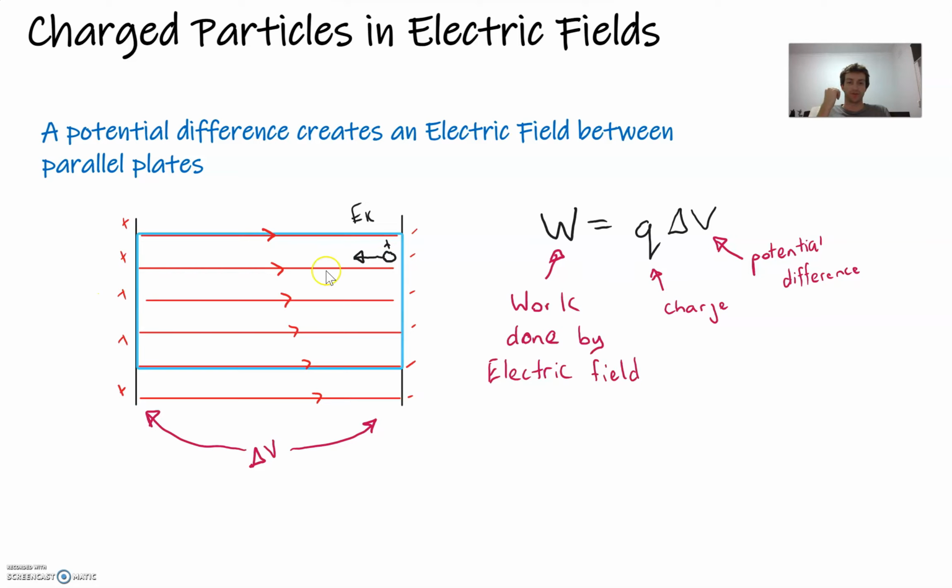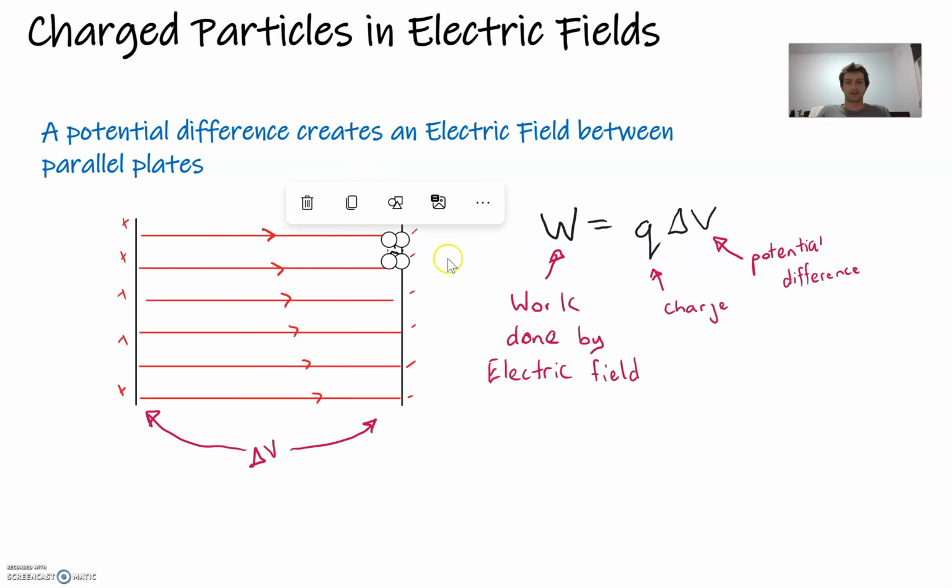We can apply it in reverse as well, where if this charged particle instead started over here and started at rest, it would gain kinetic energy from the field and accelerate towards the negative plate.